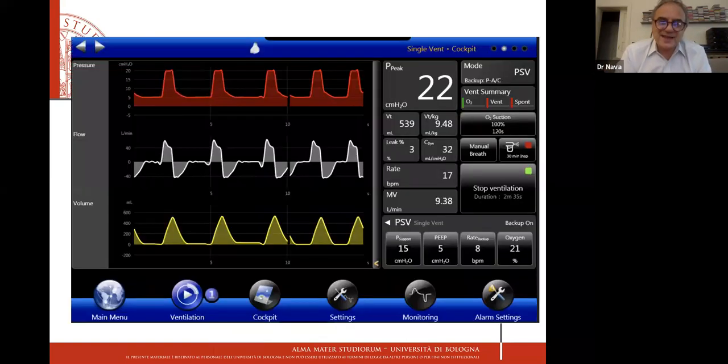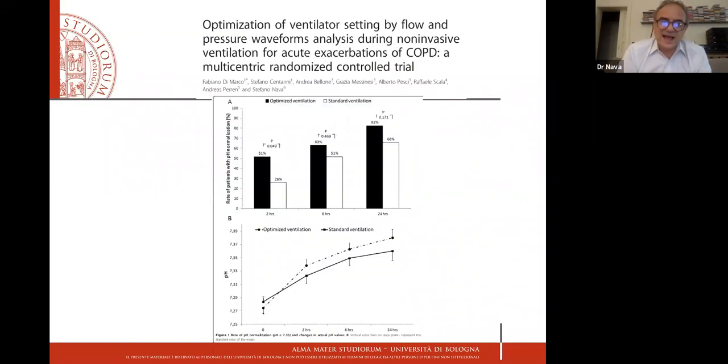Well, as you can see here in this slide, we didn't change the outcome of the patients in terms of intubation and mortality, probably because the number of patients was not extremely high. But we observed a more rapid normalization of pH already at 2 hours, and in almost the totality of patients in 24 hours.